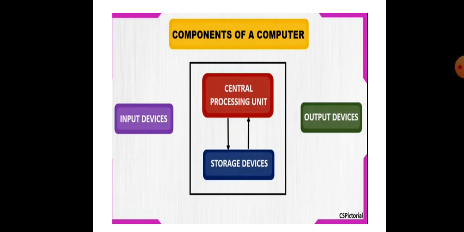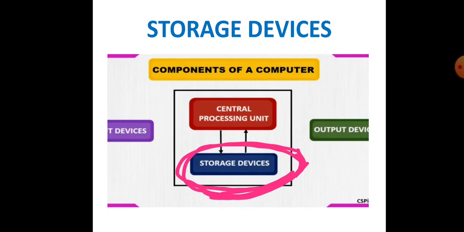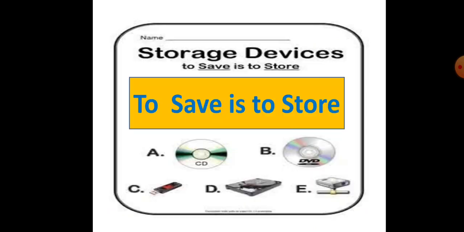Now today we are going to learn storage devices. Okay, storage devices. Now storage devices are there to save the information or data that you want to save, and to save is to store.